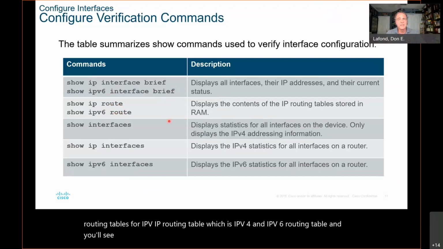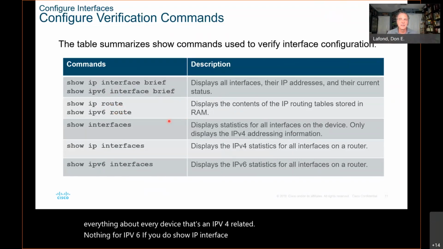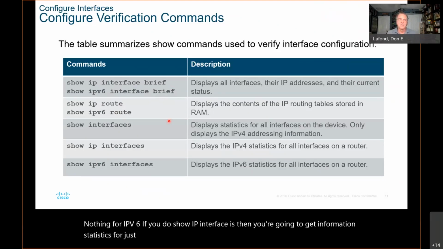Then show interfaces gives you a huge printout of everything about every device that's IPv4 related, nothing for IPv6. If you do show ip interface, then you're going to get information and statistics for just IPv4. And if you do show ipv6 interface, you're just going to get information for IPv6.